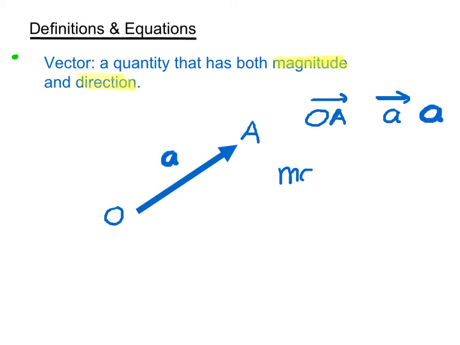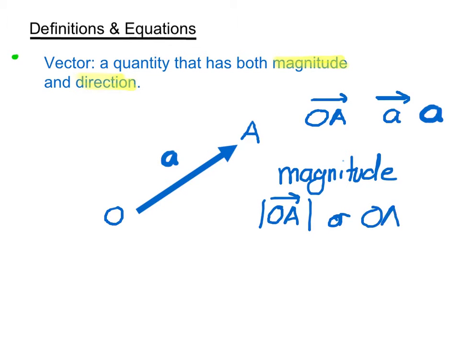The magnitude or length of the vector can be represented in several ways as well. And some accepted notation for that is something like this, or this, right?